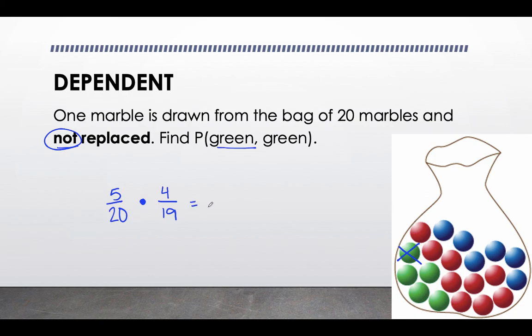The probability of picking a green and then another green without replacing the first is going to be 20 out of 380, which is a 1 in 19 chance.